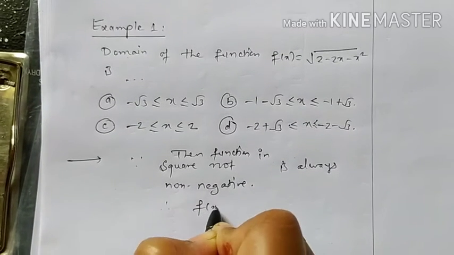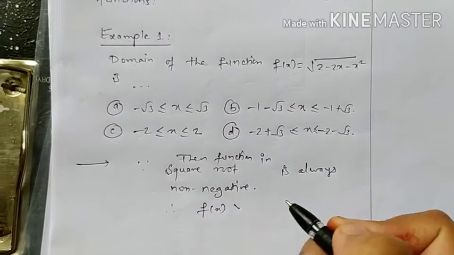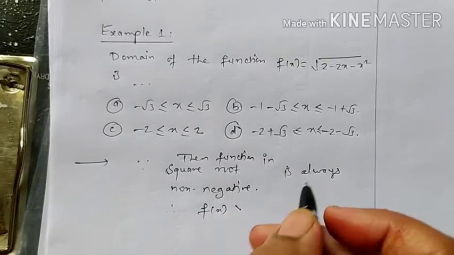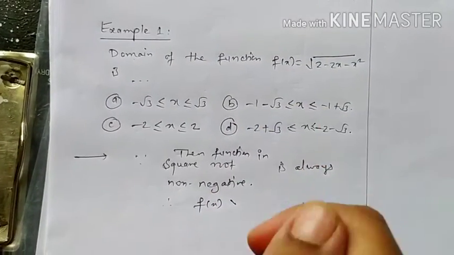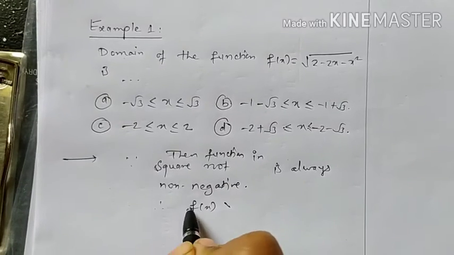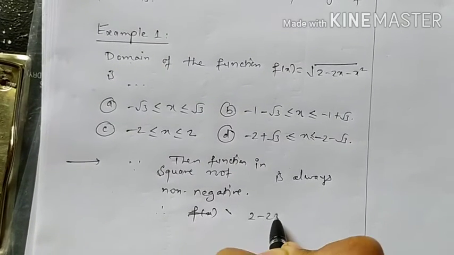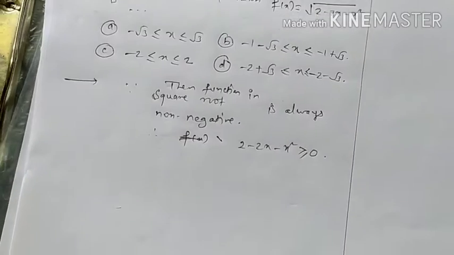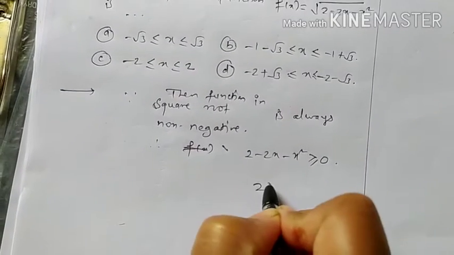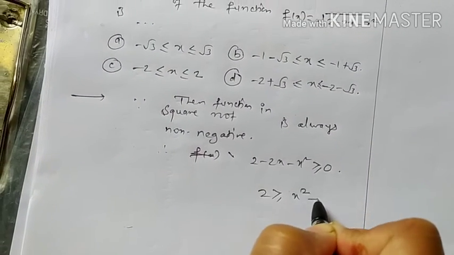Therefore f of x is defined when the quantity in a square root is non-negative. So what we have, 2 minus 2x minus x square is always greater than or equal to 0. Getting? So what we have, 2 is greater or equal to x square plus 2x.